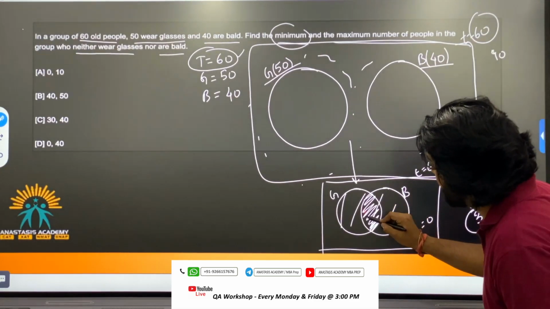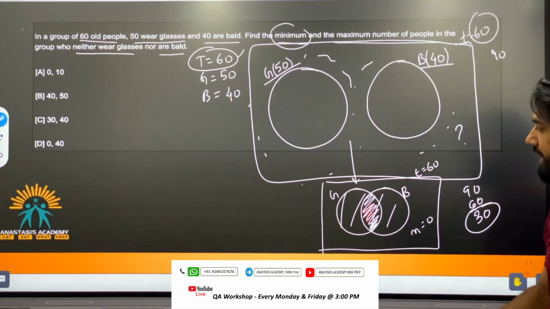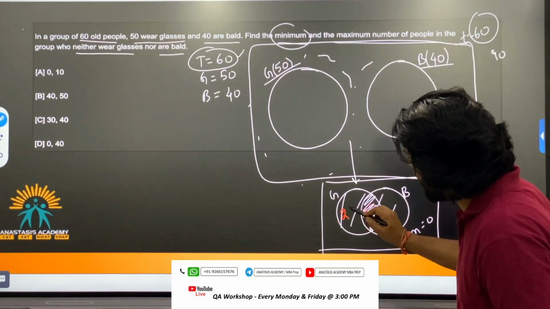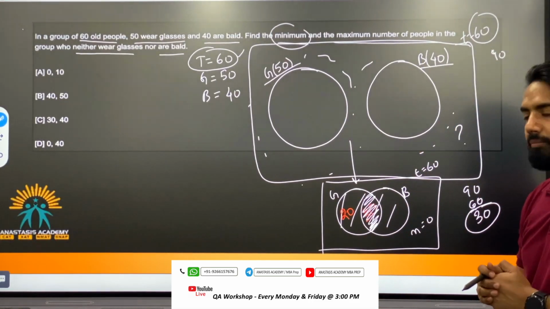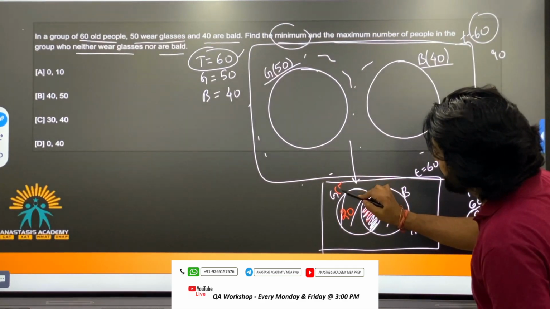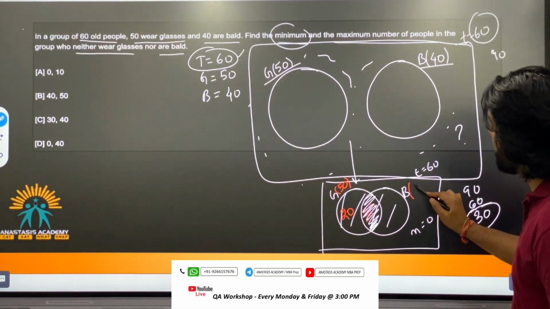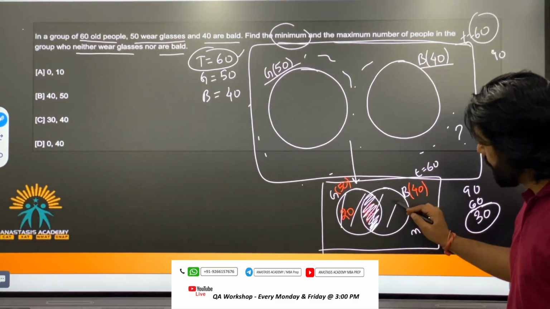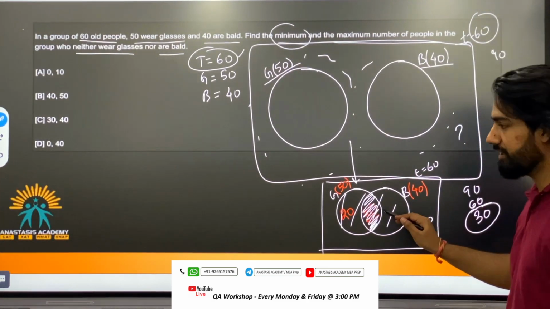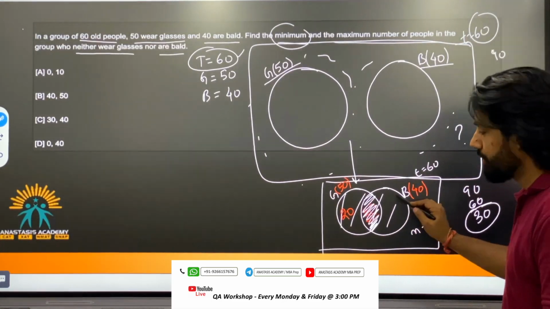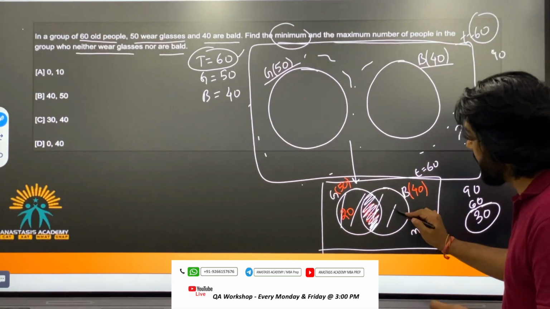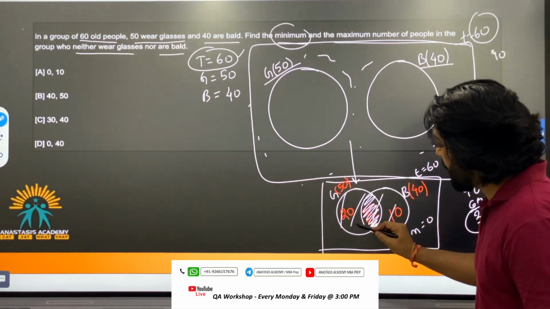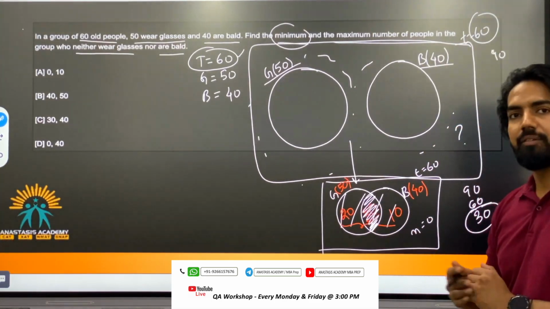So if I assume the intersection of these two sets as 30, people wearing glasses were 50, so people wearing only glasses would be 20. And people who are bald are 40. If the value of this area is 30, then people left who are only bald would be 10. So I can accommodate all these 60 people in this union.